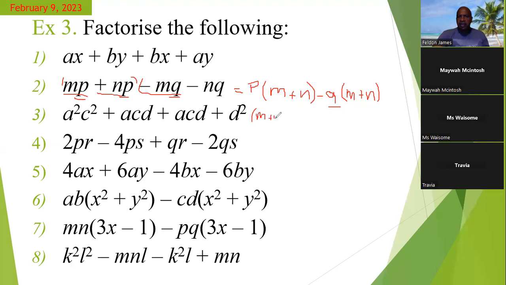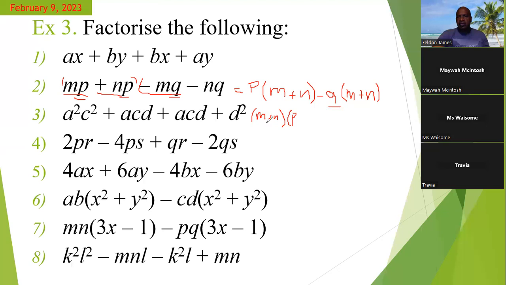So we pull out m plus n, close our bracket. So this is our common factor now. Now we are going to divide p bracket m plus n by m plus n. So the m plus n is going to cancel, the expression is going to cancel. This will cancel with this, right? Once those cancel, now we are only left with the p, so we put the p there.